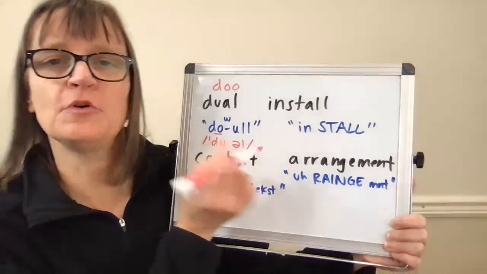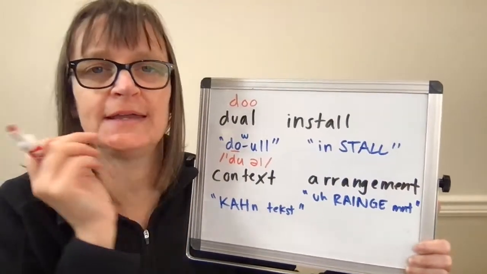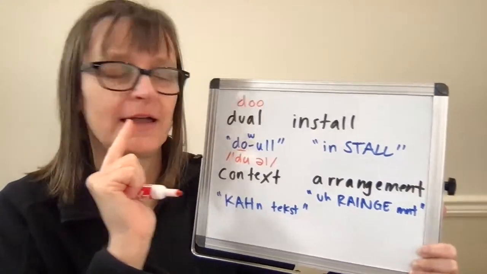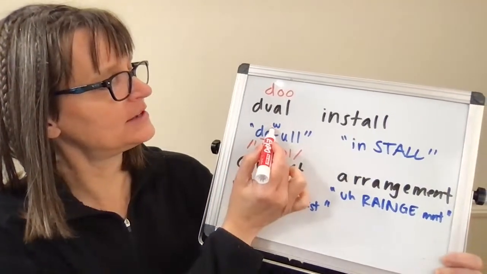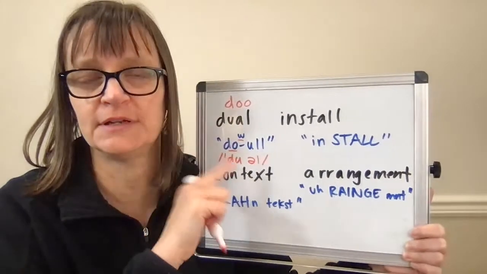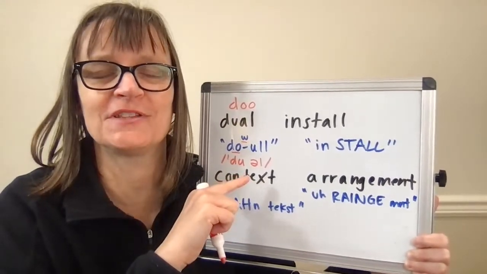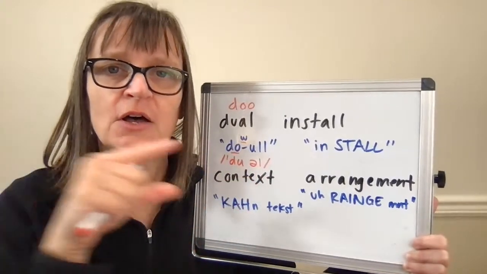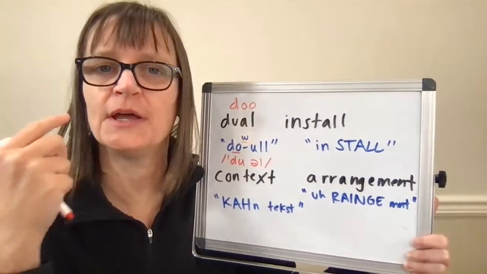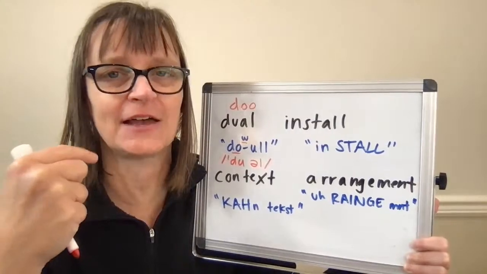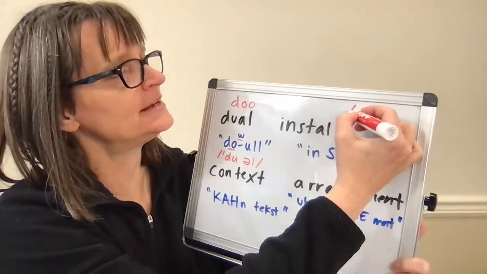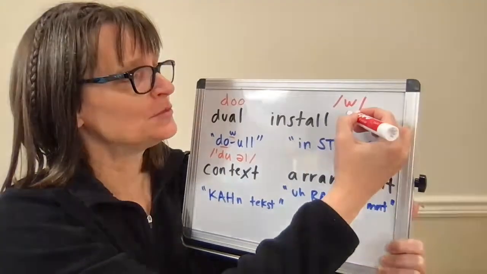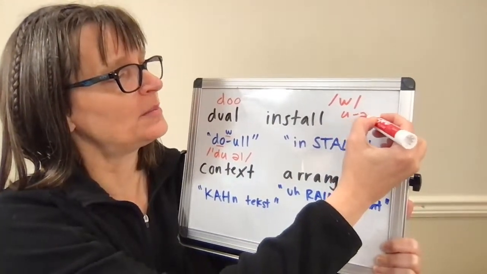Because I'm moving from that rounded oo into the non-rounded schwa, we end up with a bit of a glide. In the IPA, you're not going to see this w glide written in the symbols for the pronunciation in the dictionary, but you will notice that if you move from oo to the schwa, you end up with a little bit of a glide sound. Because the W glide is really moving from two positions, from the oo position to the schwa position.